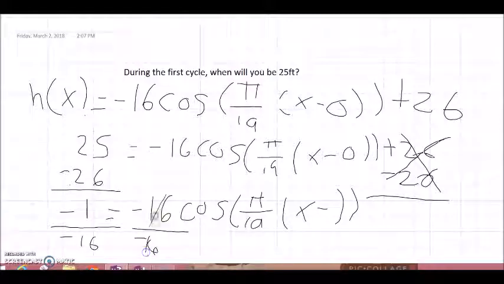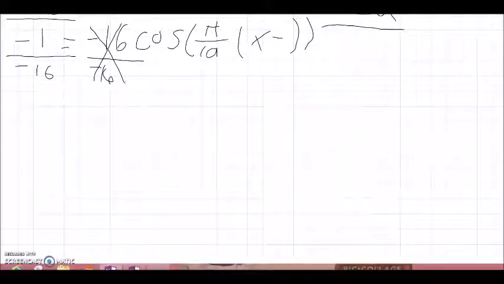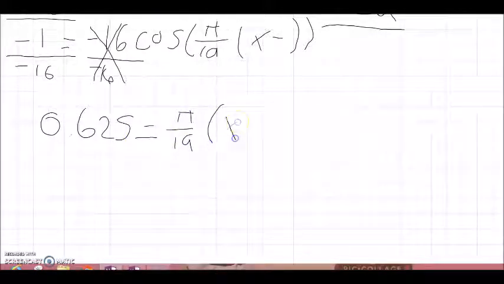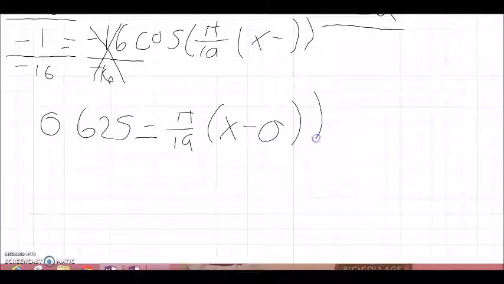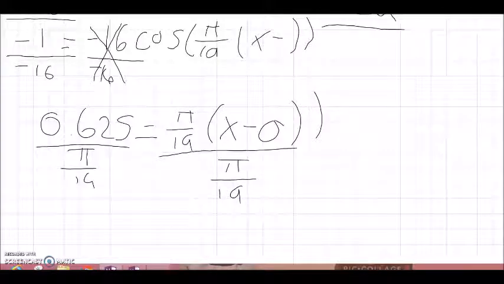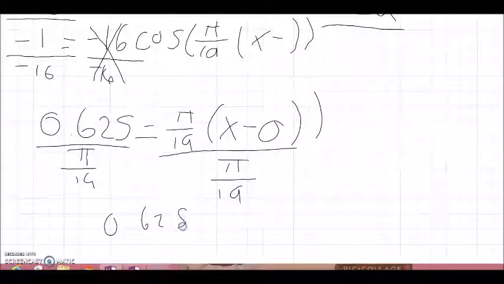Negative 16 cancels out. So then 0.0625 equals pi over 19 x minus 0. And then we divide by pi over 19. Then we get 0.0625 divided by pi over 19.